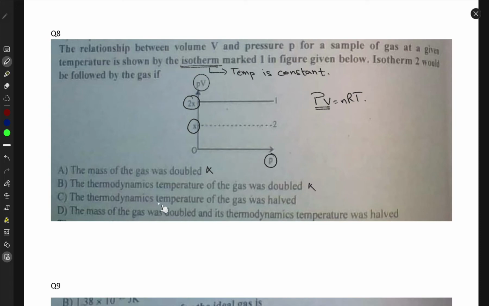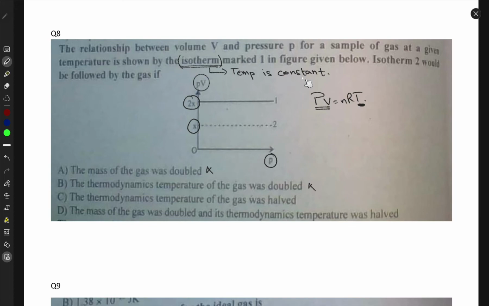The thermodynamic temperature of a gas was halved. Now they're saying that if I halve T, then I can get this. But note that we are talking about isotherms, which might tempt you to say that the temperature is constant, so it cannot change. But that's not the case, right?